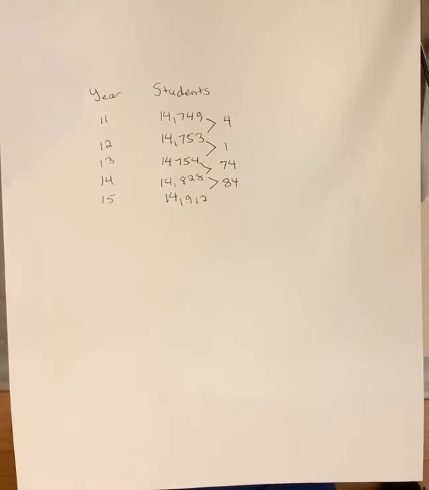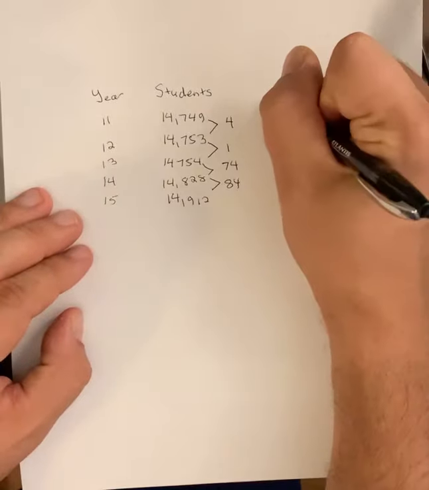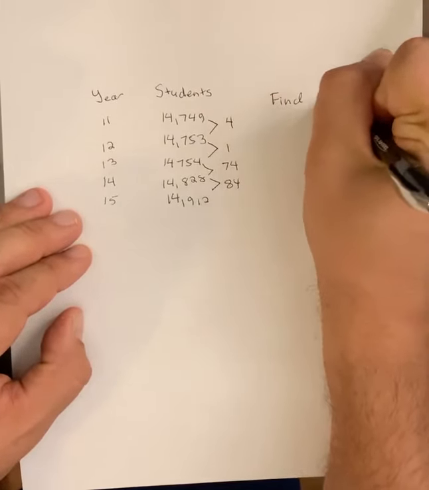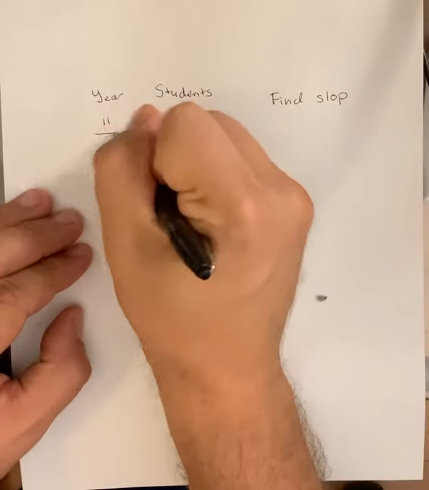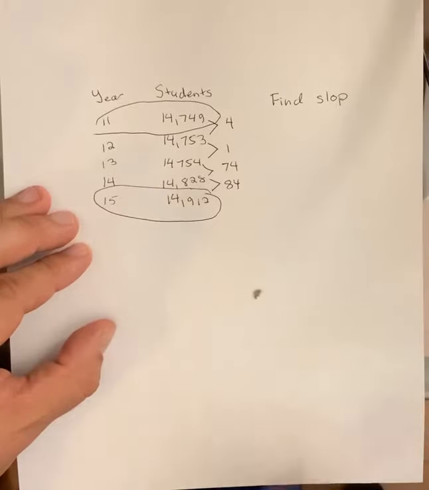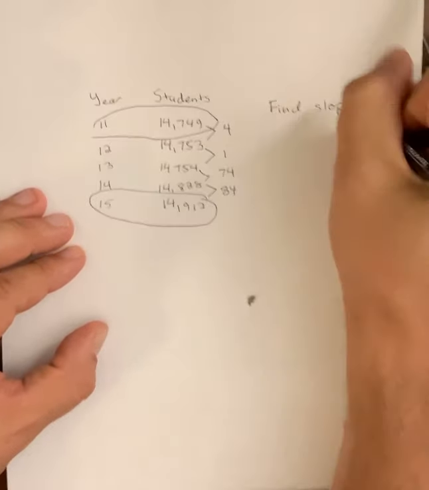So what I'm going to do is find the slope using the first and the last value, so the average slope over the whole interval.